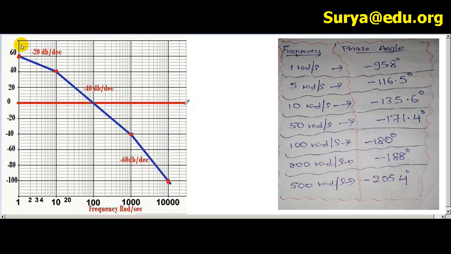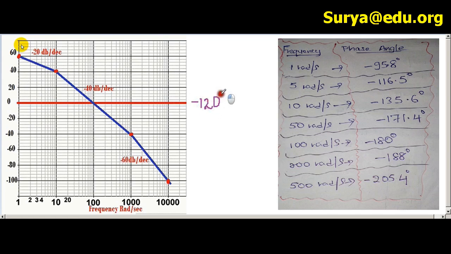So now I will consider this reference line as, let's see, 120. So I will say this one as minus 120 degrees.